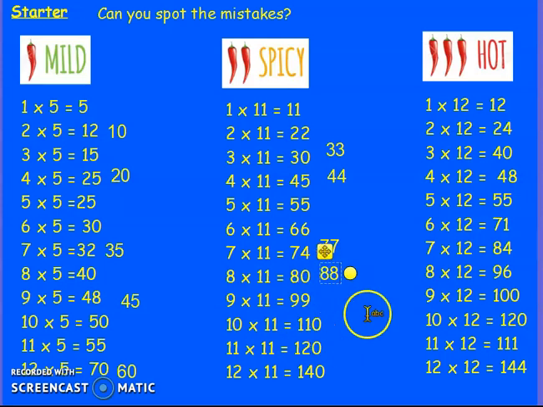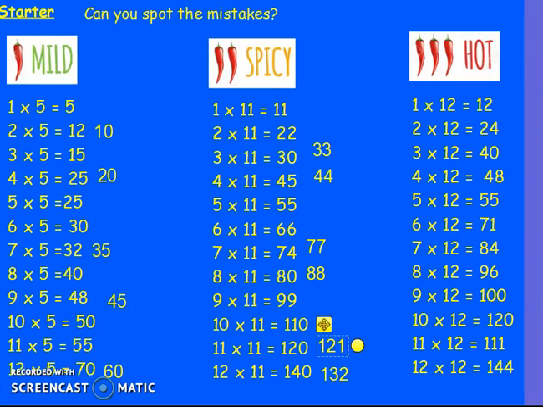And 12 times 11 is 132. I think I've got all those that were mistakes. Oh, so right there, 11 times 11, 121. Well done if you got all those right.